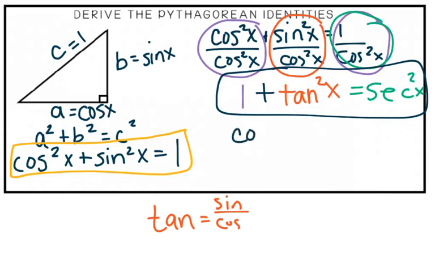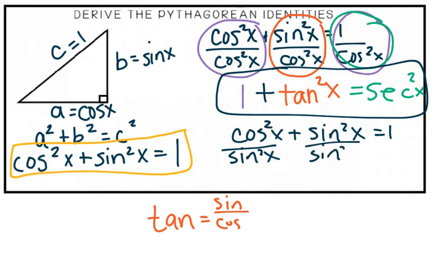Alright, so right there is another big trig identity that we'll use. If I had taken that original trig identity that we talked about, and let's say I divided everything by sine squared. Cosine divided by sine is the same thing as cotangent. Sine divided by sine would be 1, and the reciprocal of sine is cosecant.